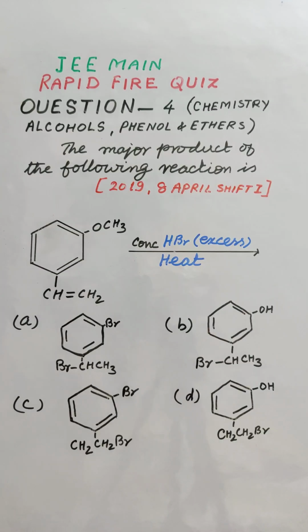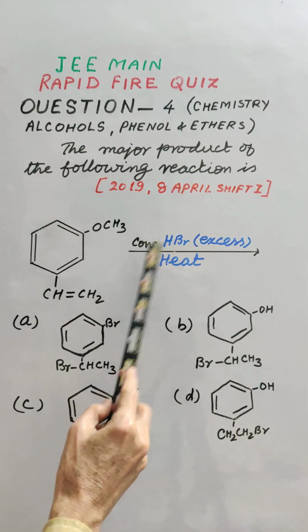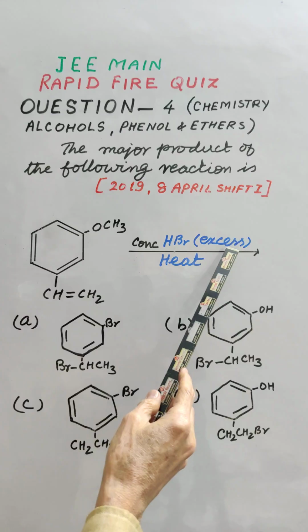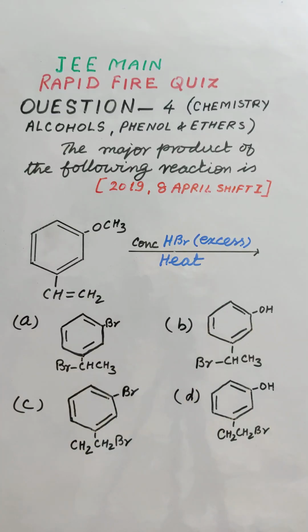Our question number 4 is from chemistry, alcohols, phenols and ethers. The major product of the following reaction is. This question was asked on 8 April 2019, shift 1. We have to tell the major product of this reaction. In this, concentrated HBr is taken in excess and heat.